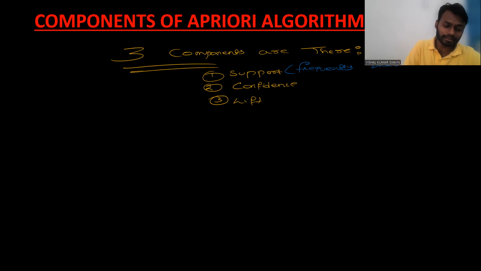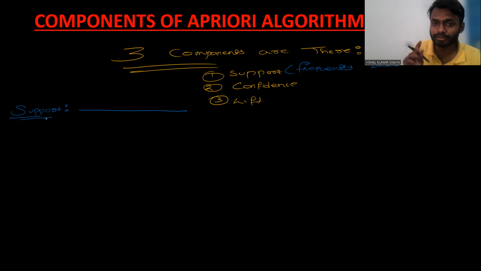Now, about the formula, how to calculate this one? The formula is the number of transactions containing the item set. Do you know what a transaction is? Whenever you go to Big Bazaar and buy some products, you stand in line and give the products you want to buy, and they scan those things. They maintain a database, and whatever product you buy gets entered in it, and you pay some money.